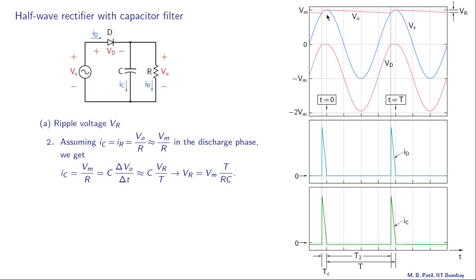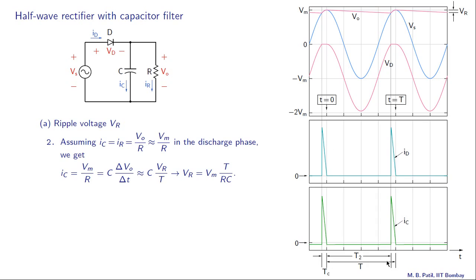So if VO is falling linearly, then the derivative is constant, and we can calculate the derivative by using delta VO divided by delta T, and that is written here. Delta VO is the same as VR, and delta T in the discharge phase is actually T2 if we come down, that is T2.